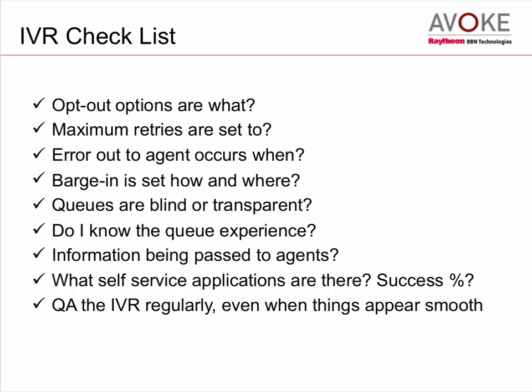Do you know what the queue experience is? Is the information that you've gathered in the IVR being passed to your agents? What self-service applications are there, and what are their success rates? And finally, the most important one is to QA the IVR regularly, even when things appear to be going smoothly in the IVR.